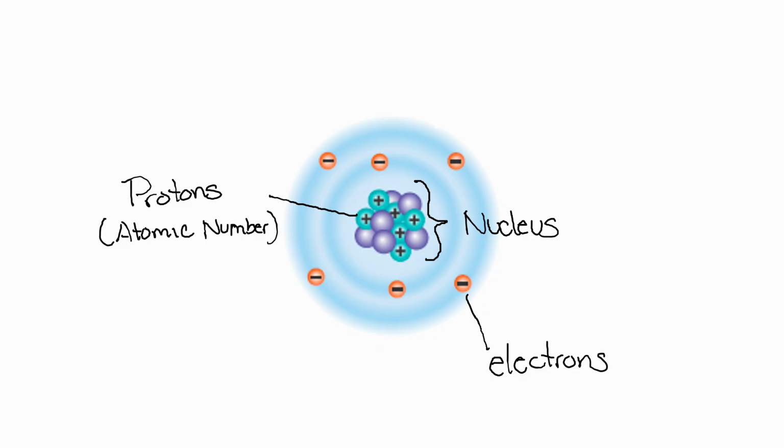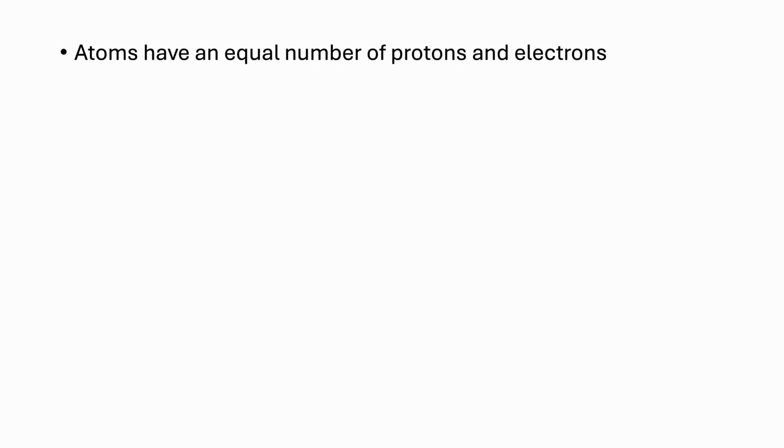And these purple ones right here that have no charge, those are our neutrons. They have no charge, but they do contain the mass within the object. So inside of an atom, they usually have an equal amount of protons, which are positive, and electrons, which are negative.